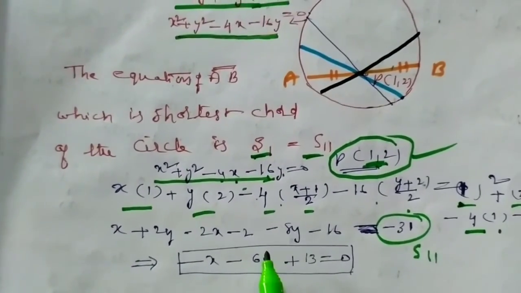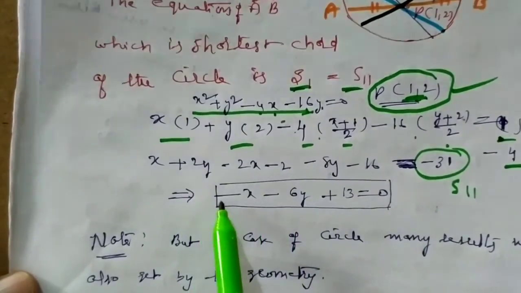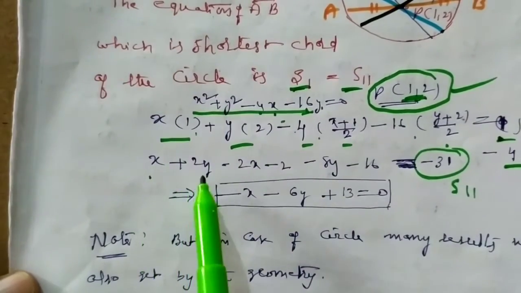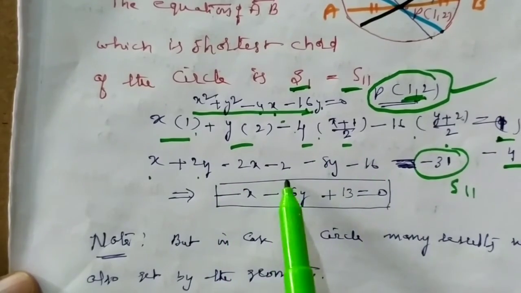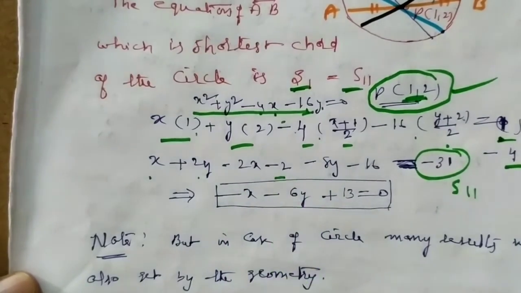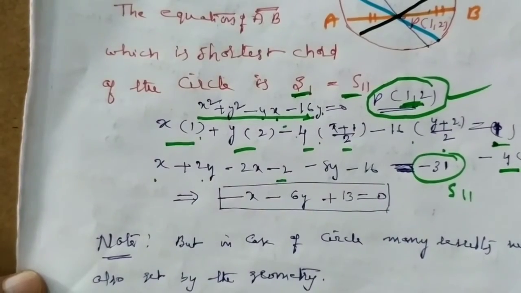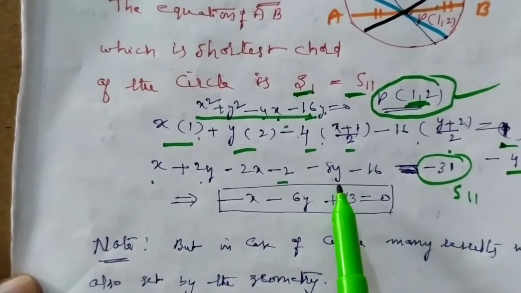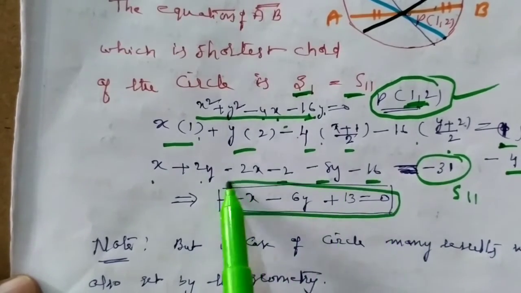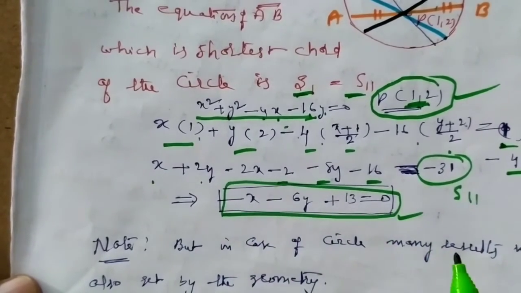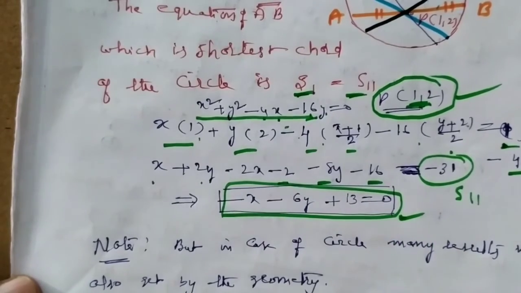Here S1 is x into 1, 2 into y minus 2x. By simplifying you will get minus 2 and 8y minus 16 finally. So by simplifying, finally we get the chord equation, the smallest chord equation in the circle.